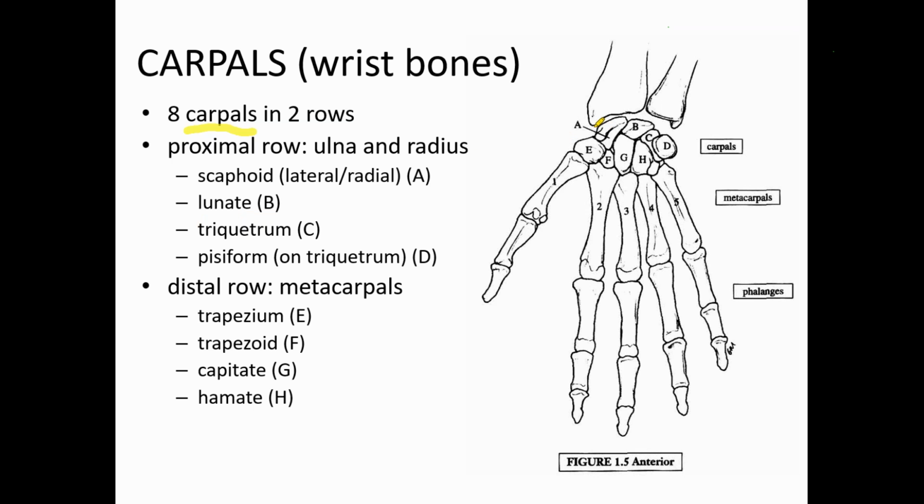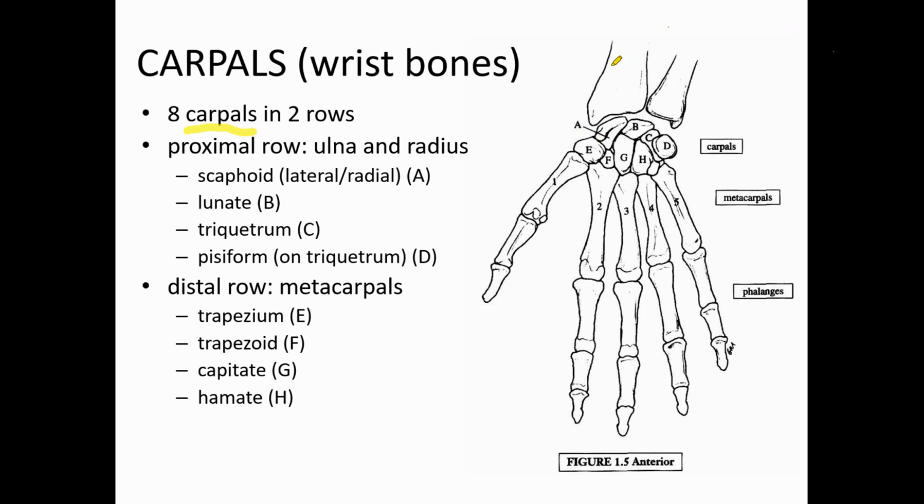situated pretty much in 2 rows-ish. So if we look, we have A, B, C, and D in one row, and then in front of them, E, F, G, H, like in the image. So they all got funny names, and yes, you have to know these names. What we usually do is start in the proximal row on the lateral or radial side.